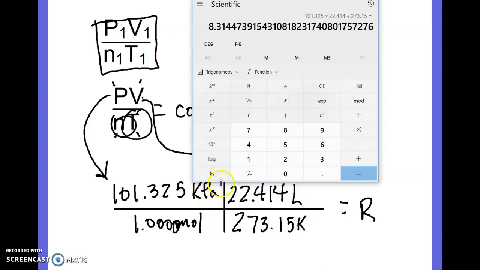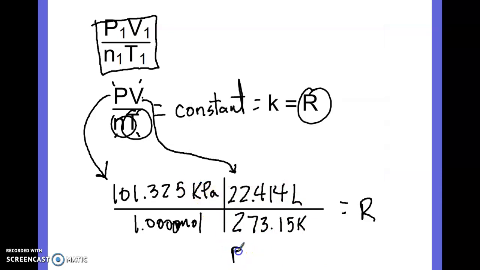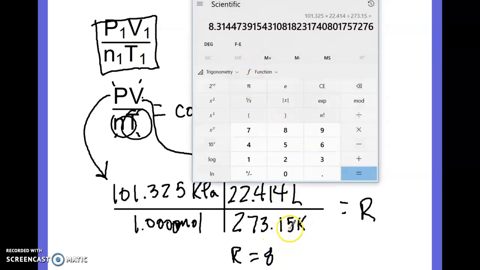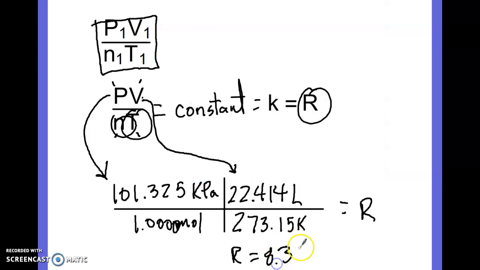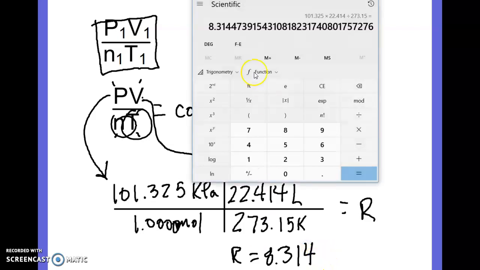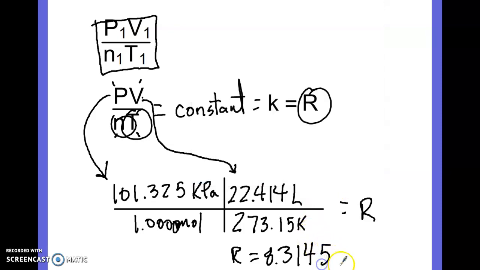The R value, anytime you use kilopascals, R is always going to be, this is constant, doesn't change, 8.3145. Okay, and the unit of this constant, this is why constants always have weird units, is to cancel this out.